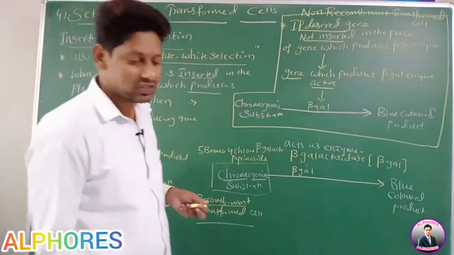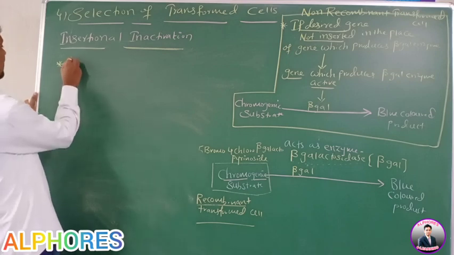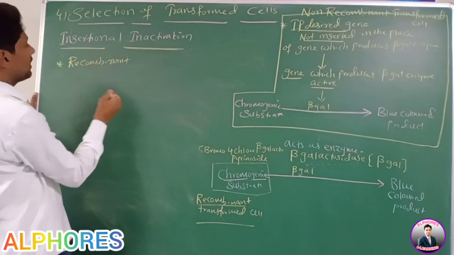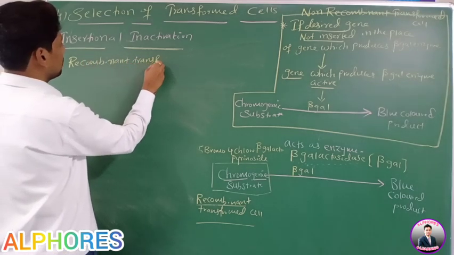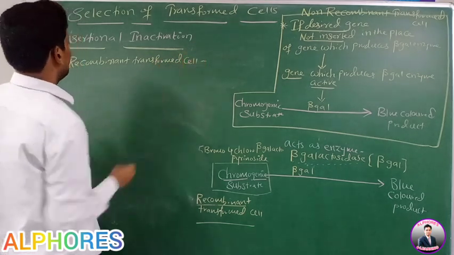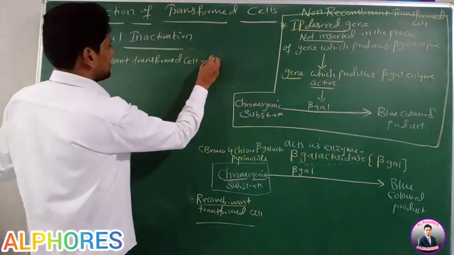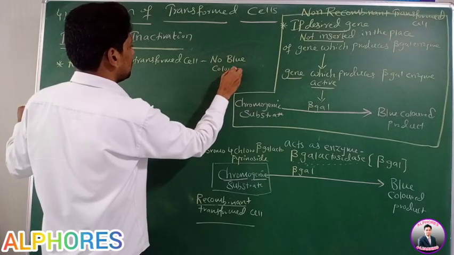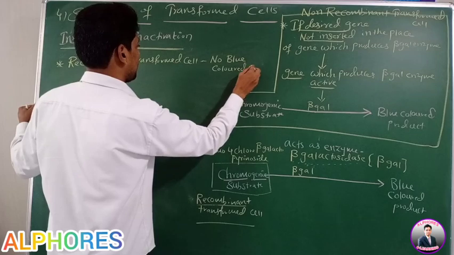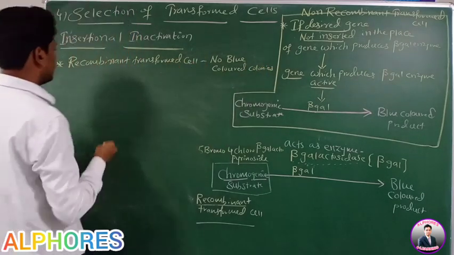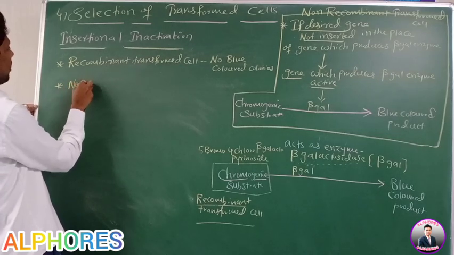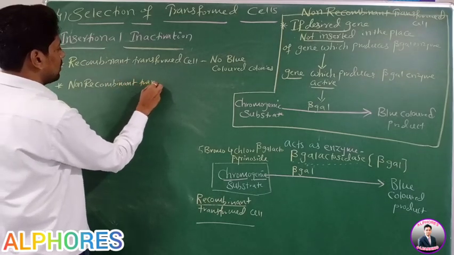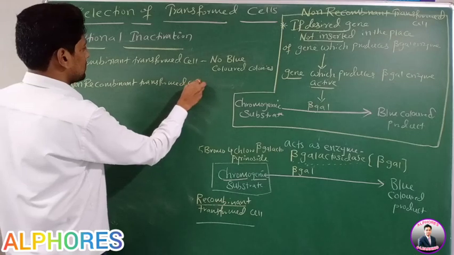Is this statement okay? Right? Recombinant transformed cell: no blue colored product, no blue colored colonies.